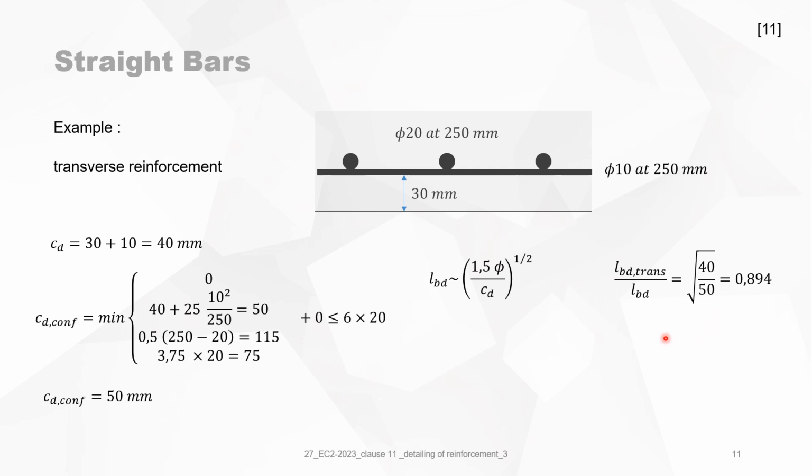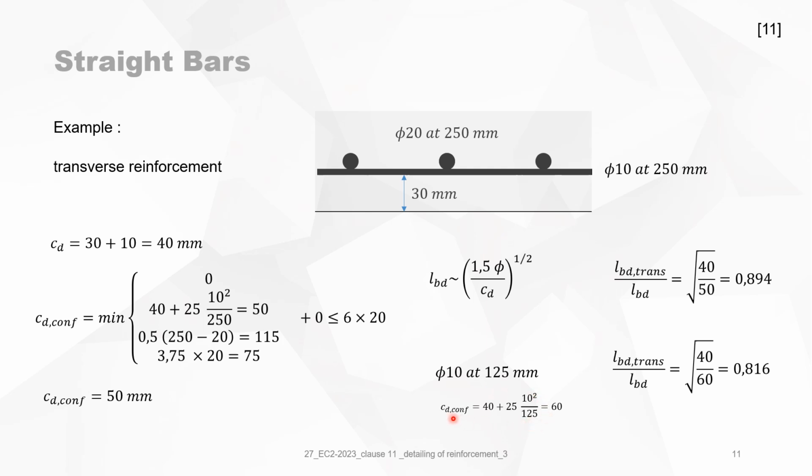So you can gain 10% of anchorage length just by taking into account the transfer reinforcement in this slab.